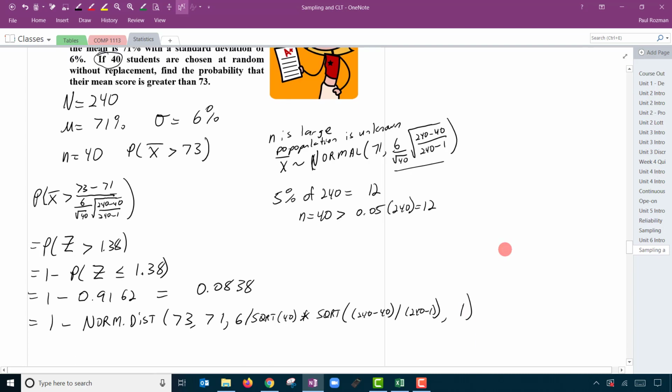So the question was, I suspected that those 40 students cheated. There's an 8% chance that those 40 students could have a mean over 73 if the mean of the population was 71. So I guess it was possible. I don't have enough evidence to say that they were cheaters. Had this number been 0.00008, then I'd say, wait a minute, why did they do better than everyone else?